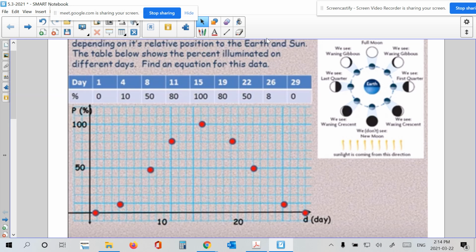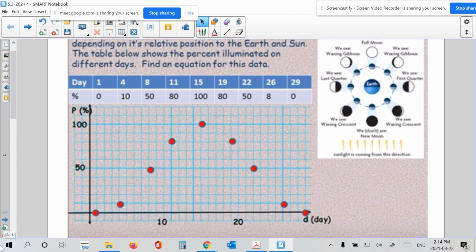So it goes from 1 to 4 to 8 to 11 to 15 to 19, 22, 26, and 29. Most of them are going up by 4, but not every single one. Anyway, the Y values are 0, 10, 50, 80, 100, 80, 50, 8, and 0. Okay, so I just copied all of that down.